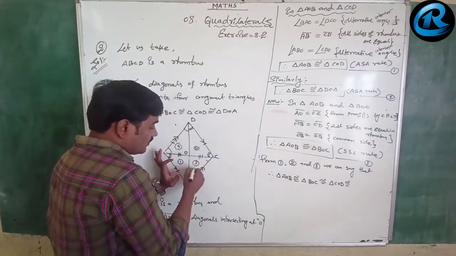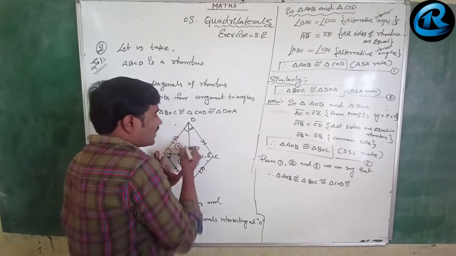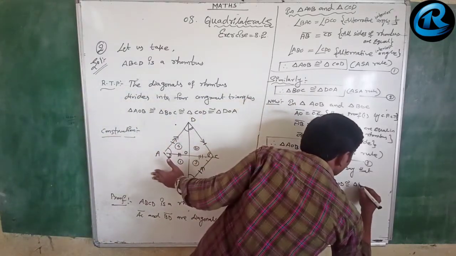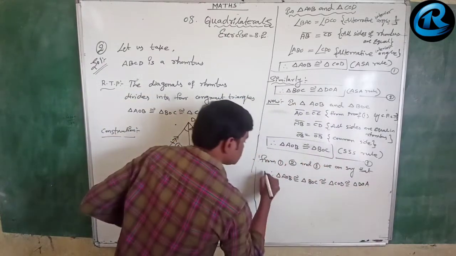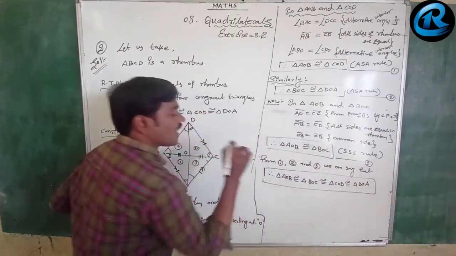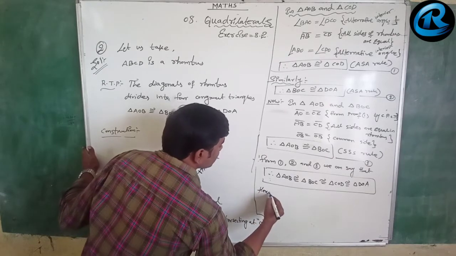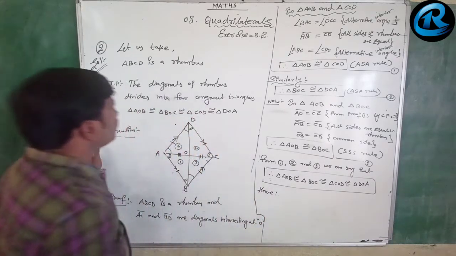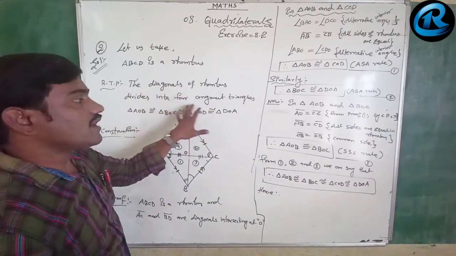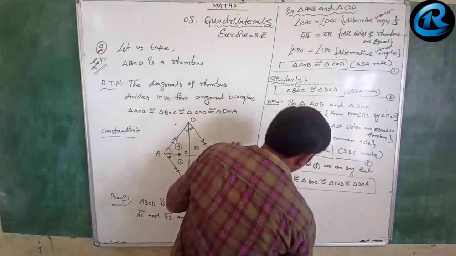Now this BOC is congruent to triangle DOA. That means all these four triangles are congruent. Hence, therefore, the diagonals of a rhombus divide it into four congruent triangles.